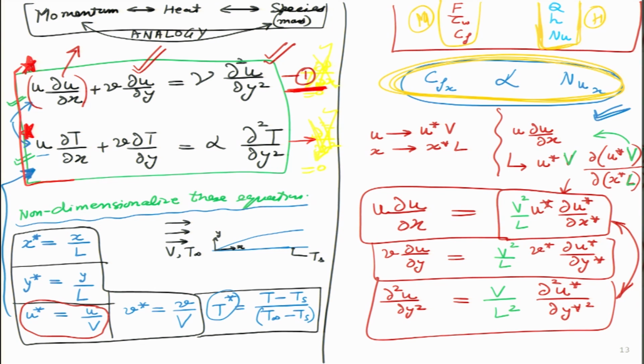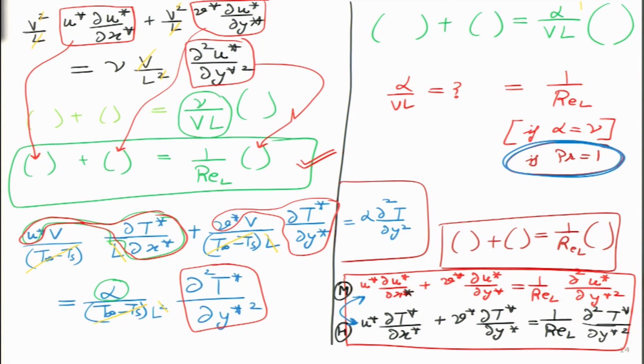We used the non-dimensionalization process given at the bottom over here. Then we spent some time non-dimensionalizing the equations, and finally we can show with the red arrow that the momentum and heat equations in non-dimensionalized form, under the assumption Prandtl equal to 1, look exactly the same.